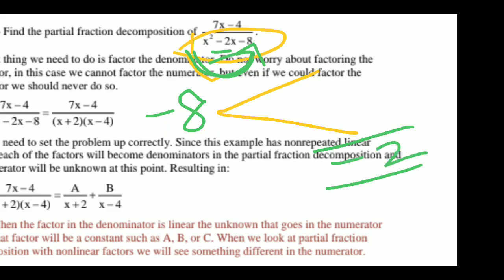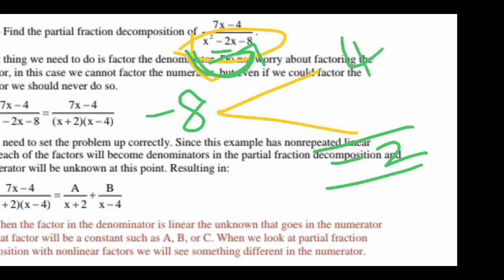Now my dear students, guess which two numbers whose multiplication is minus 8, whose addition or subtraction is minus 2. Guess it.